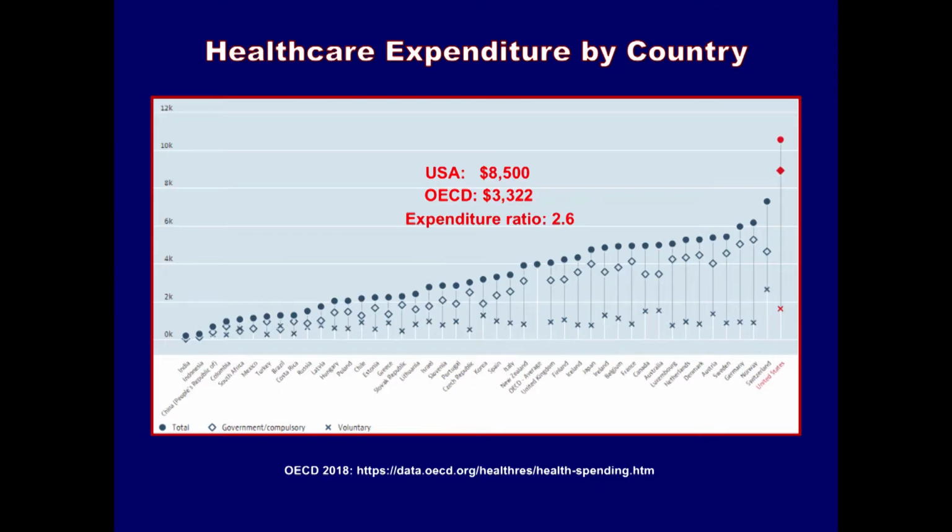In other words, the amount of money we spend on an individual in the United States is about $8,500. And in those countries in Europe and other developed countries, they spend $3,332, which is 2.6 times less. So we spend more money and we get less outcomes than they do. And you can't keep doing that. You're going to go bankrupt.